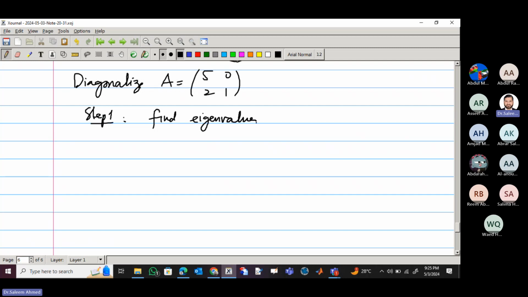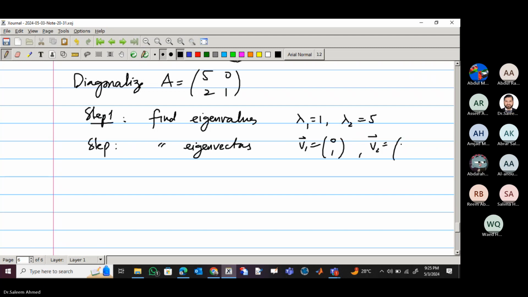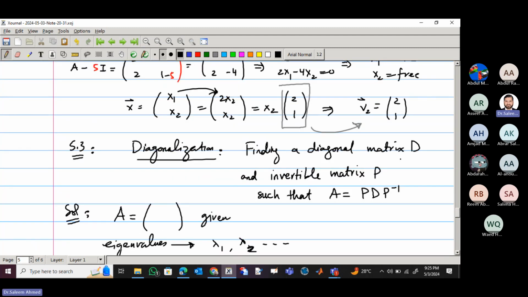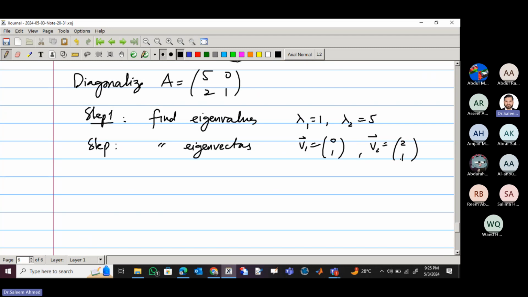We have already found that, right? So lambda 1 was 1, lambda 2 was 5, right? Step 2 is find eigenvectors. We have found for this matrix, I got V1, 0, 1 and V2 was 2, 1, right? Yes, V2 was 2, 1. We got that.